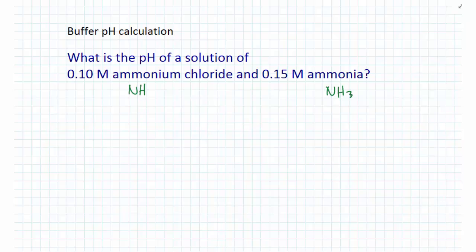It's the conjugate acid of NH3. NH4. So NH4Cl is ammonium chloride, but that's actually made up of NH4 with what charge? Plus. And Cl minus.